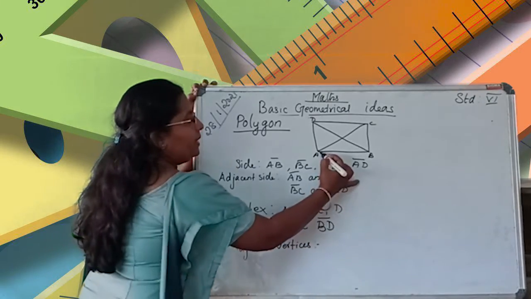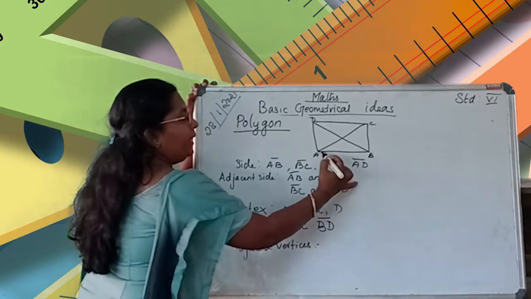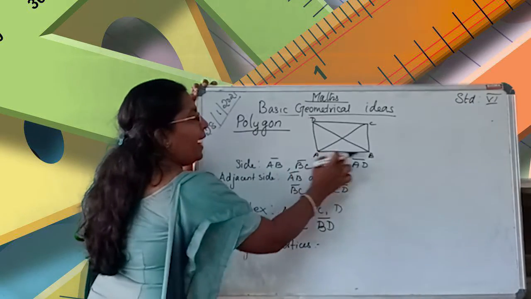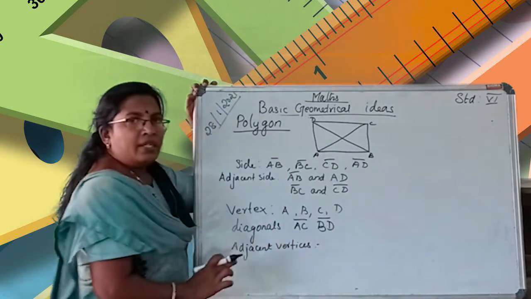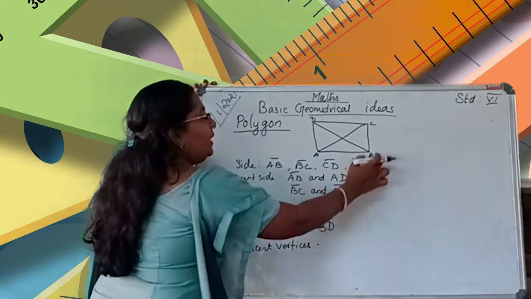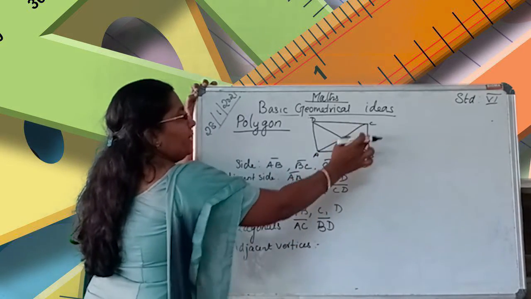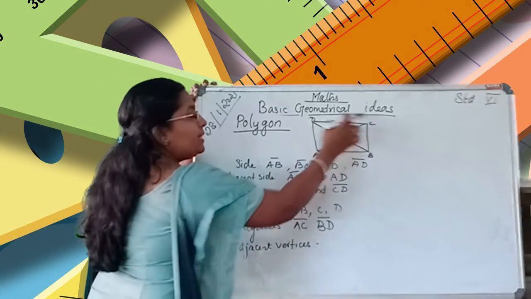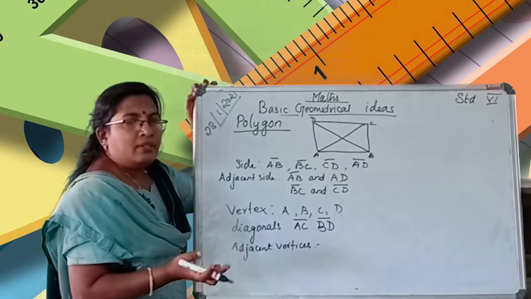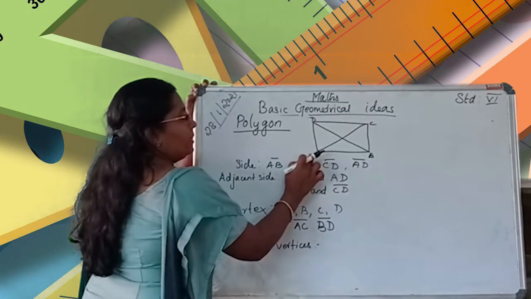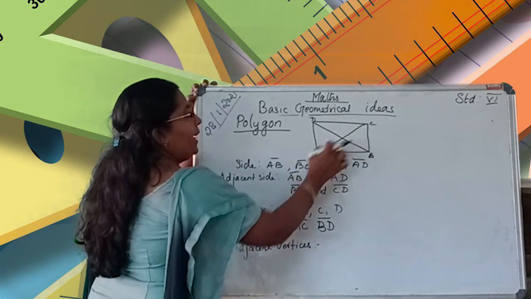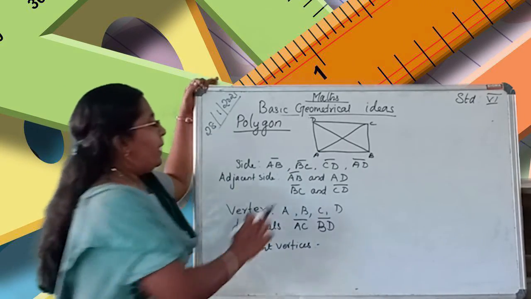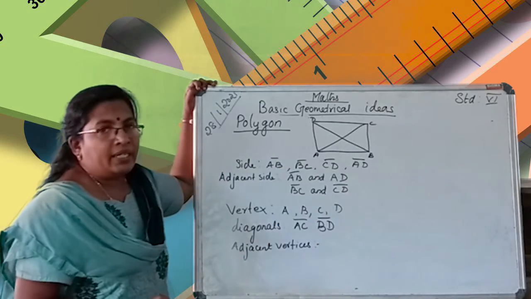That is, here see A, B. In a line AB, there are two points A and B. These are adjacent, near. B, C are adjacent. C, D, adjacent. But see here, AC is opposite. Vertex A and vertex C are opposite vertices. A, B are adjacent vertices.